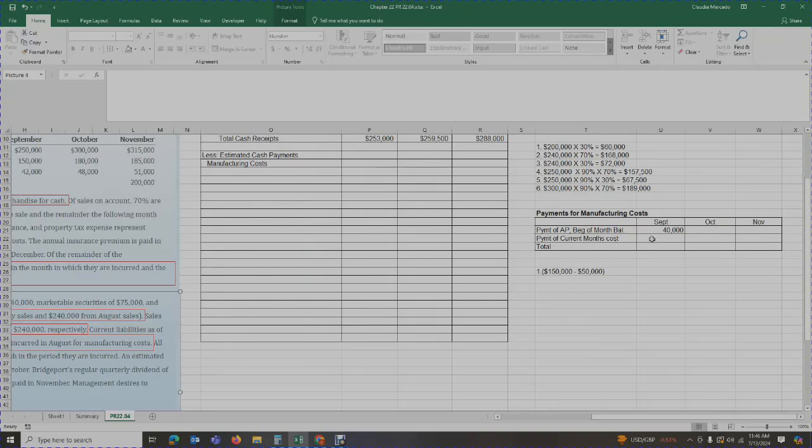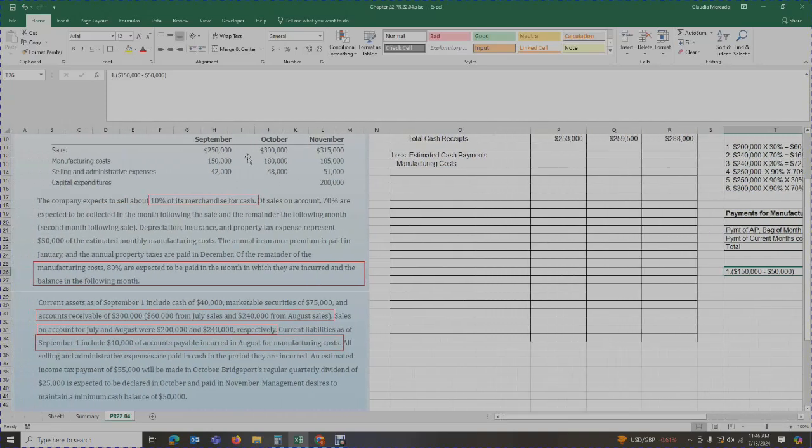Now, the payment of the current month. Remember, we are paying 80% in the month in which costs are incurred, and the balance, 20%, the following month.